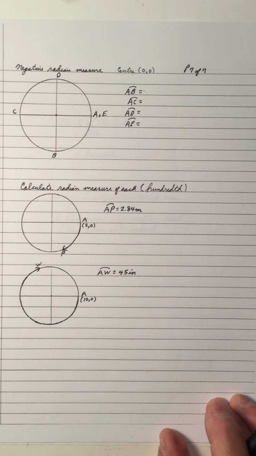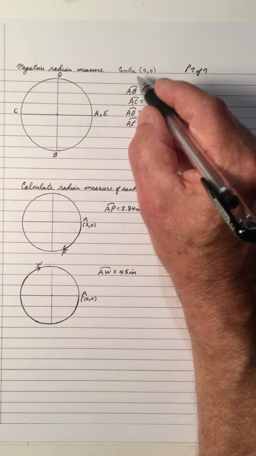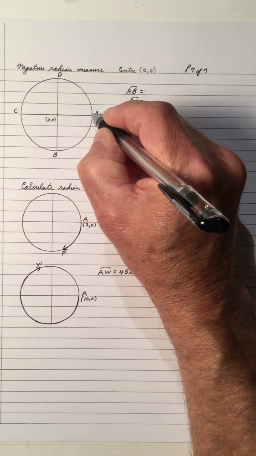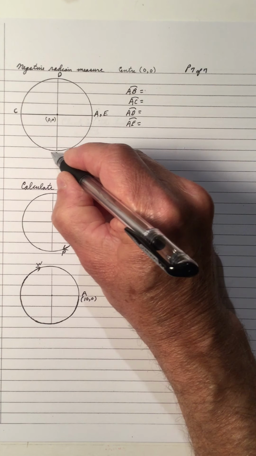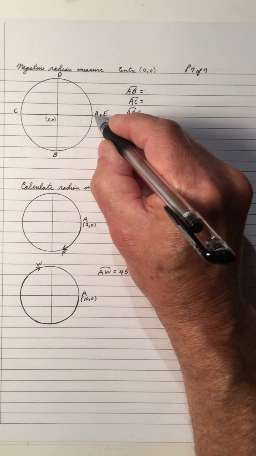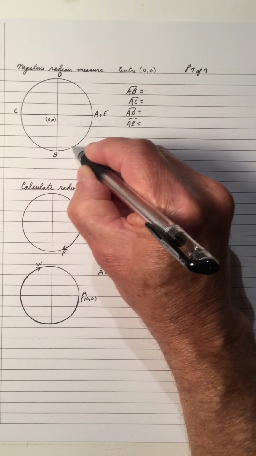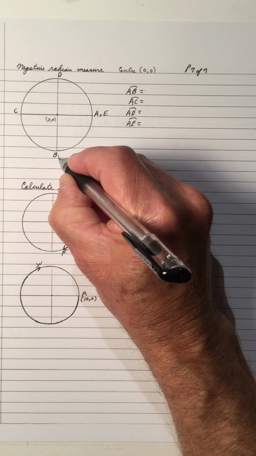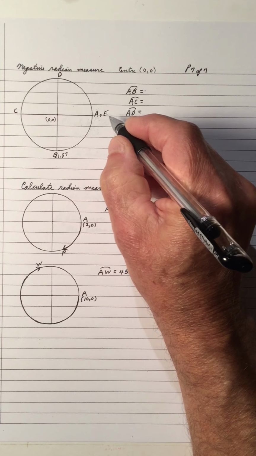And also, we can have a negative radian measure. Again, the center of the circle is 0, 0. So this is the positive radian measure. Now this is the negative one going this way. So if you use the arc AC right here, going this way, this is 1.57, but negative.